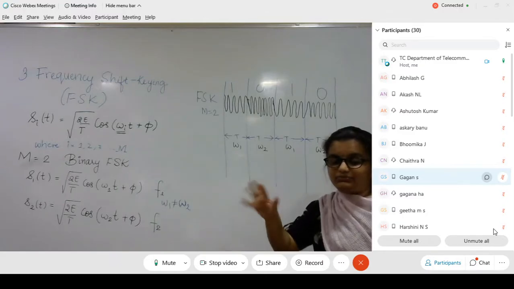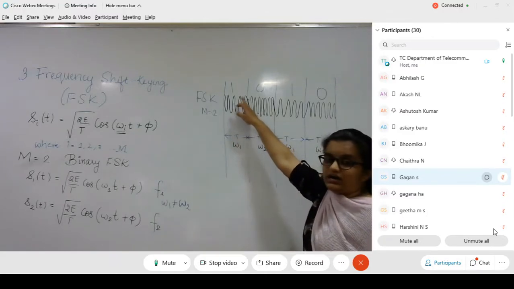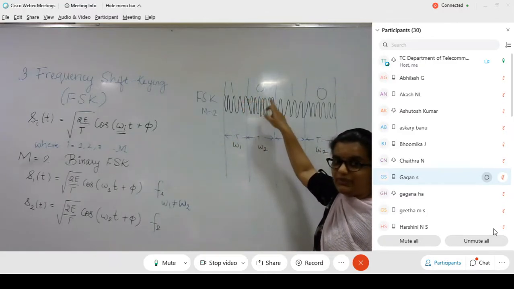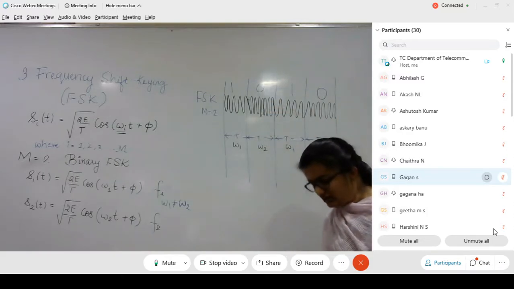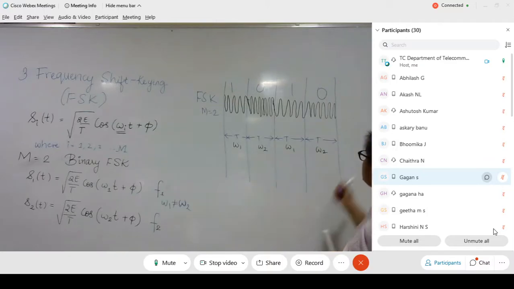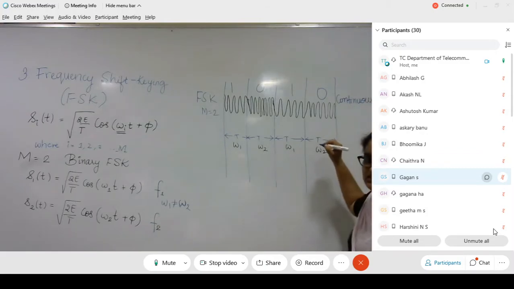It is not an abrupt change, but rather a continuous phase is maintained throughout the waveform. Such a type of FSK is called continuous phase FSK.